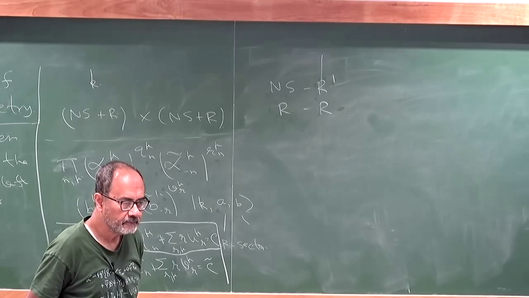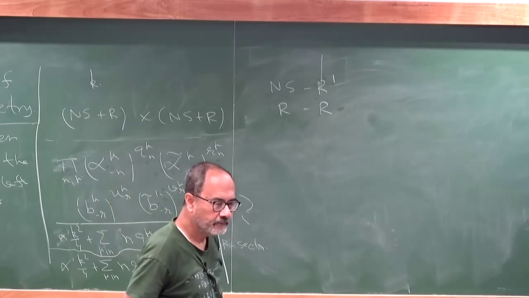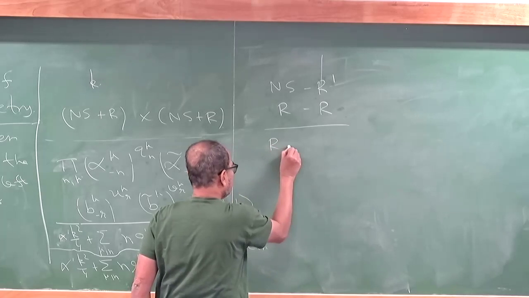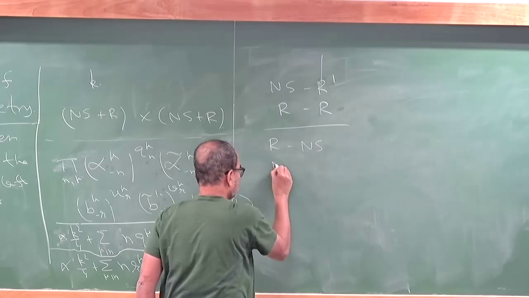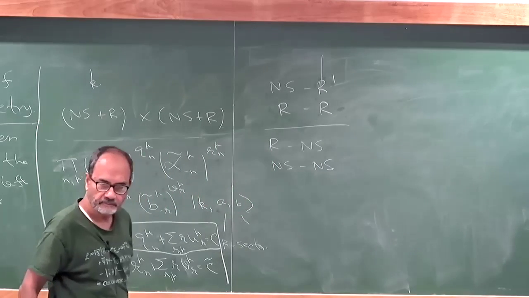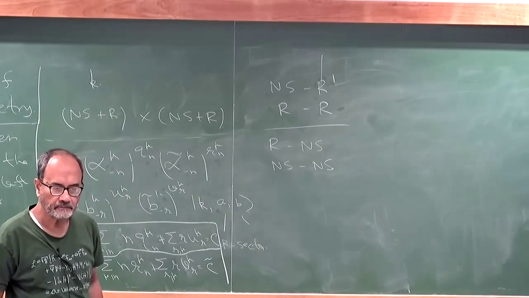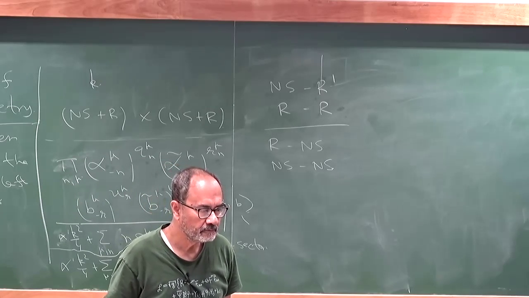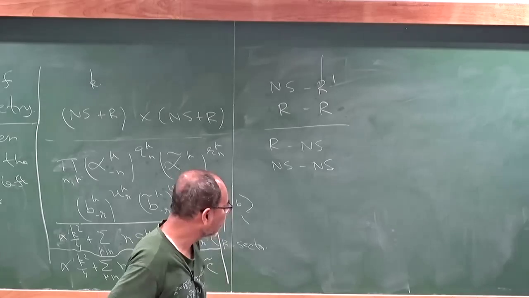So this statement is equally true for R and NS? Yes. So this is equally true for RNS and NSNS. And you can also keep the first one the same and do this on the right. Exactly. That's what you are doing here.